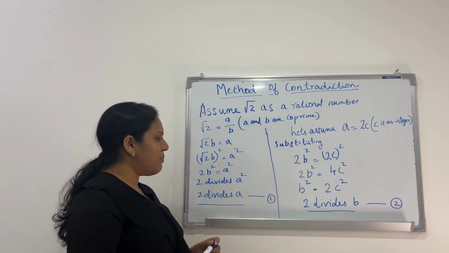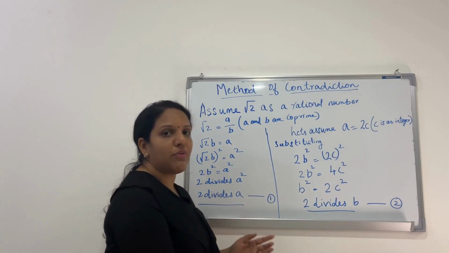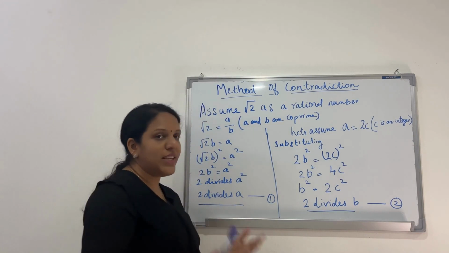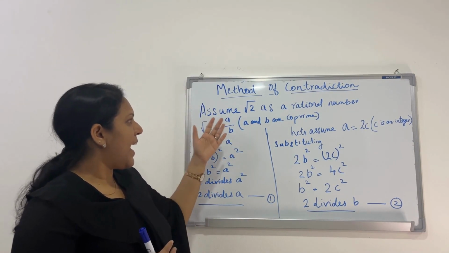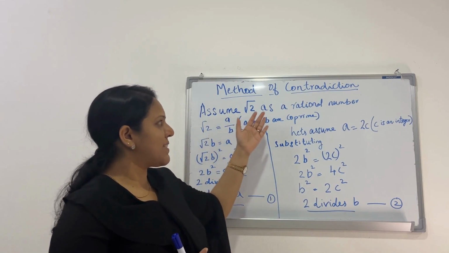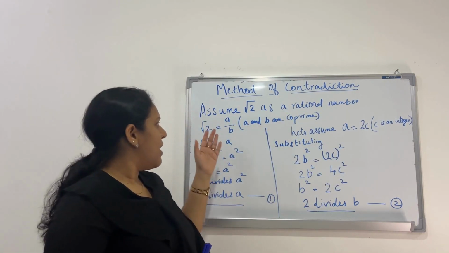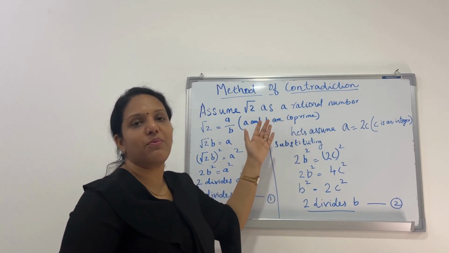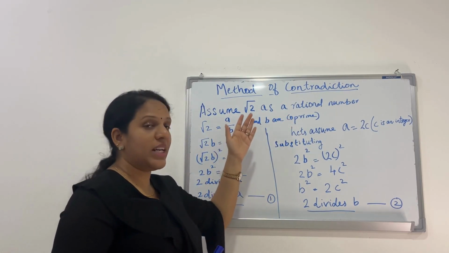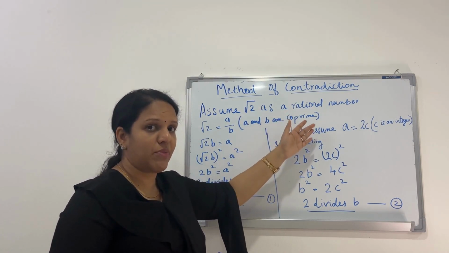Now we have proved that 2 is a common factor of a and b, which contradicts our first assumption that a and b are co-prime, with square root of 2 as a rational number. Initially we said a and b are co-prime. Co-prime are numbers which have only number 1 as their common factor.